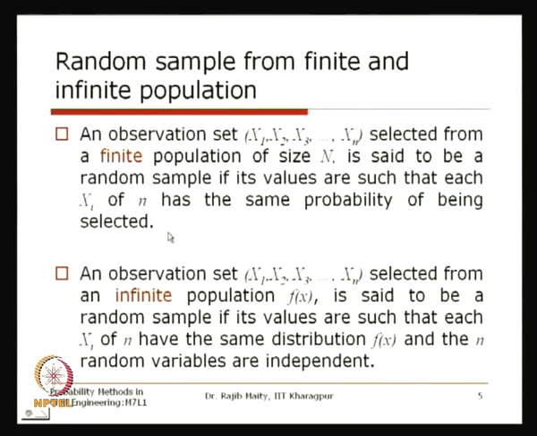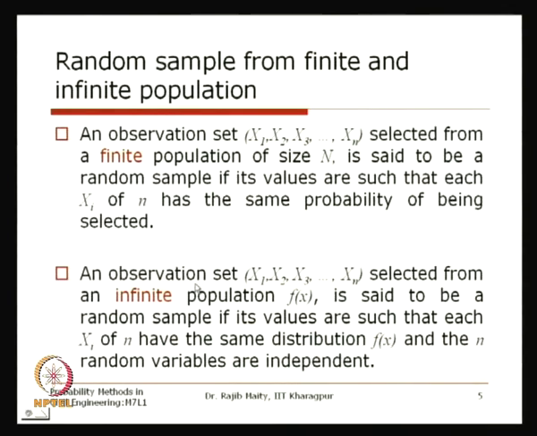As we can see, the size of this population is finite, its maximum number is N. So x1, x2, x3 is a random sample if each element of this set has equal probability of being selected from the population.